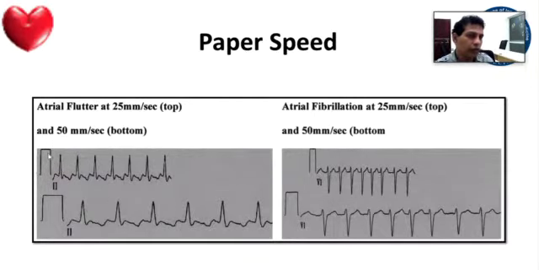So by just looking at it, you know that this is a standard ECG, and in the lower one the width of the box is twice the normal. So we know that it is 50 millimeters per second. So keep an eye out. When you look at a few ECGs like this, it will become your way of looking at ECGs. You will be trained to look at these things automatically. So keep an eye on that.